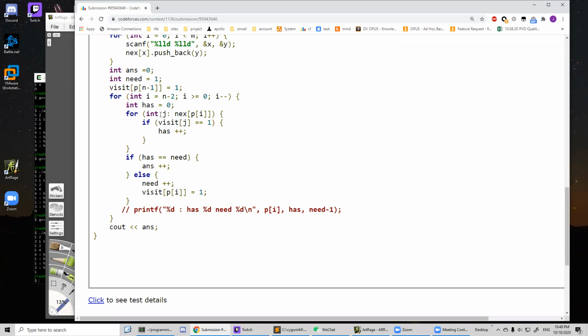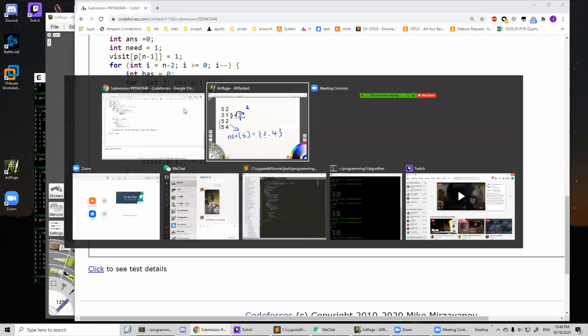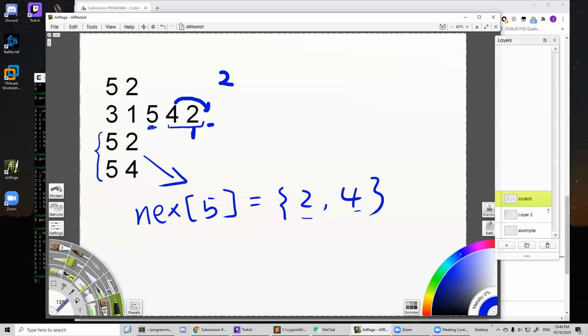Let's just iterate all of those pairs, and whenever we find a visit j equal to 1, we increase the hash by 1, right? In this case, if we find 5, 2, 2 is visited, so we increase the hash by 1.